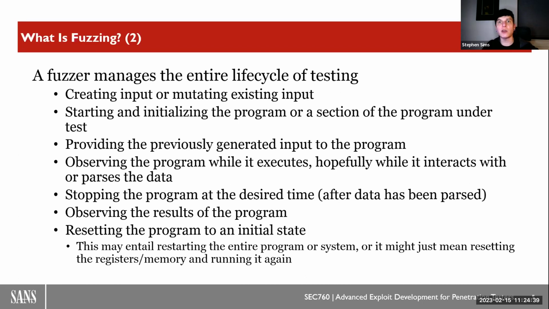So later on, I can revert to that snapshot and take a look and see what everything looks like and try to determine what happened. And then we want it to be able to revert. Like, we don't want the fuzzer to stop at that point. We want the fuzzer to be able to take the snapshot and then continue where it left off. So automation is really important here.